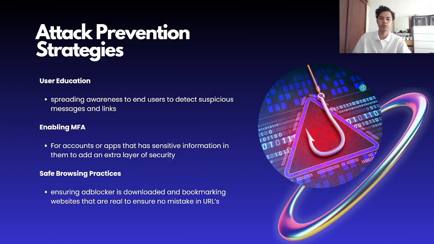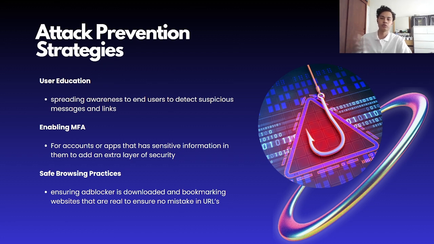So back to the real question for the case study, which is the attack prevention strategies. For this presentation, I've presented 3. First up, user education, of course, through spreading awareness to users to be more mindful and attentive in order to detect suspicious messages and links.